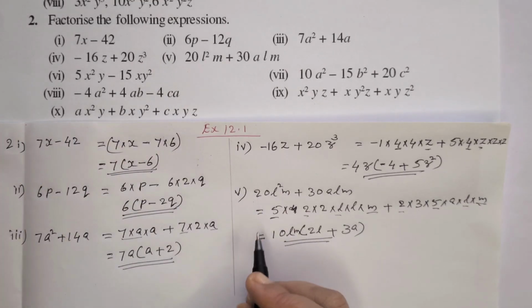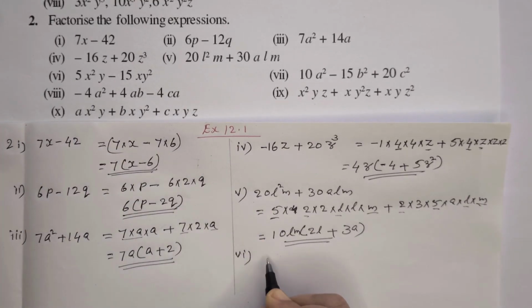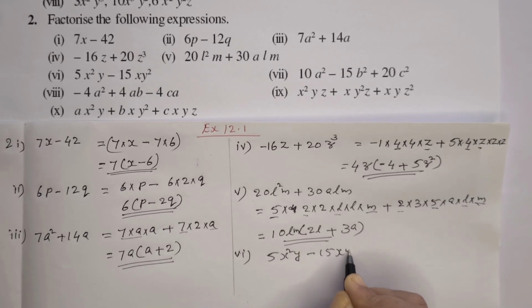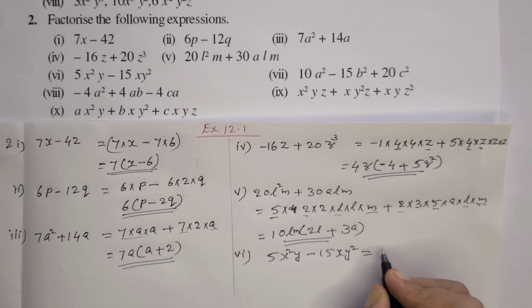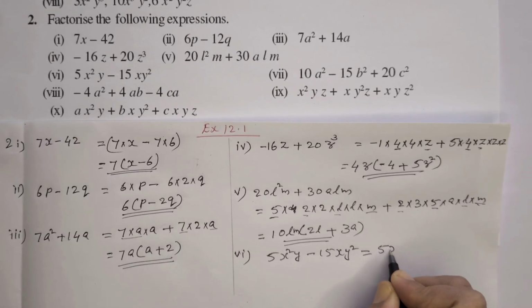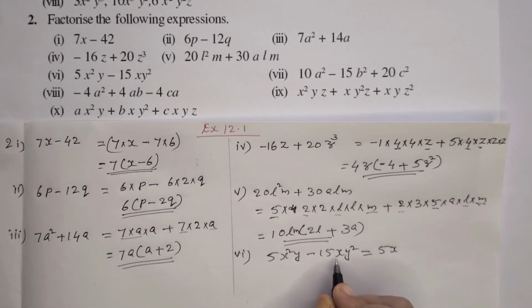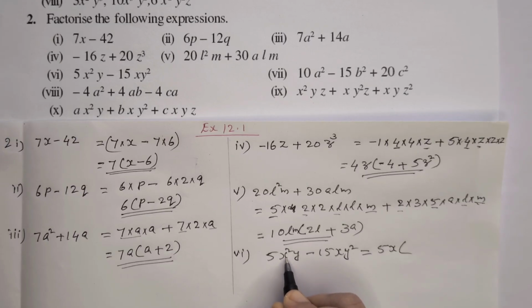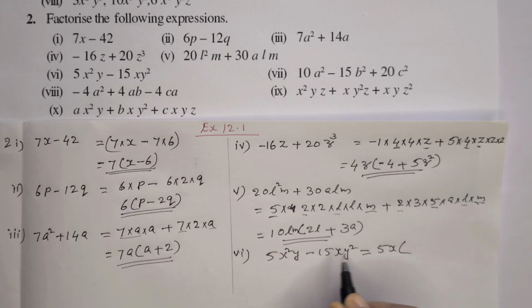Now the next one, sixth one, 5x square y minus 15xy square. 5x is common in both the terms. So 5x we can take as common. Then what is remaining? We can think that way and directly can write the answer. 5x if we are taking common, then here it is remaining xy. Here also y, there also y.